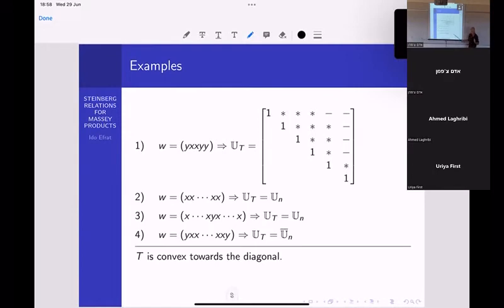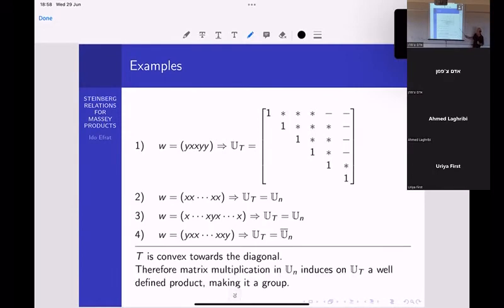This is very important because this makes it a group. Because of this, you can multiply such matrices the same way that you multiply the matrices. Yes, the multiplication in UN induces a group structure.